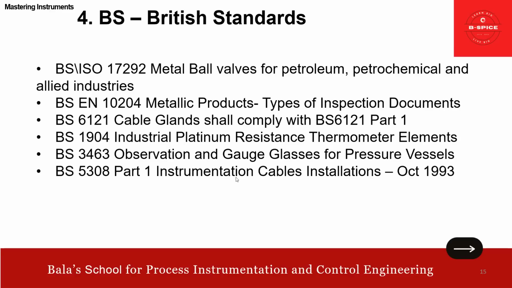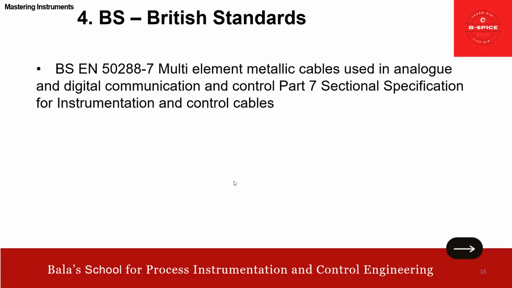Then 5308 Part 1, instrumentation cable installation. Then BS 50288 Part 7, we focus on multi-element metallic cables used in analog and digital communication and control. Part 7 talks about the sectional specification of instrumentation and control cables.